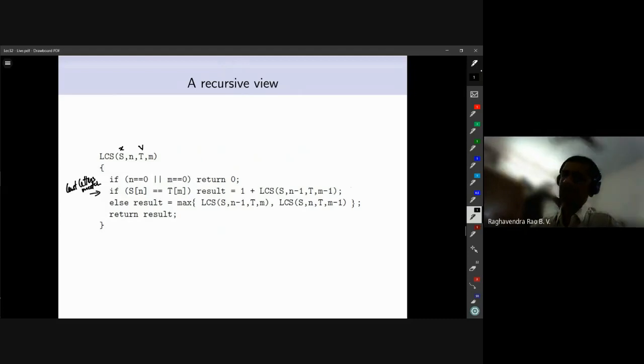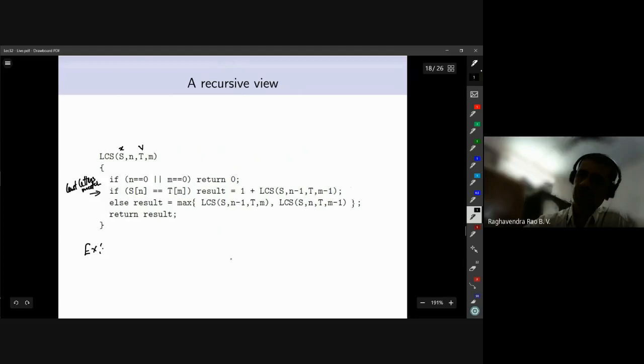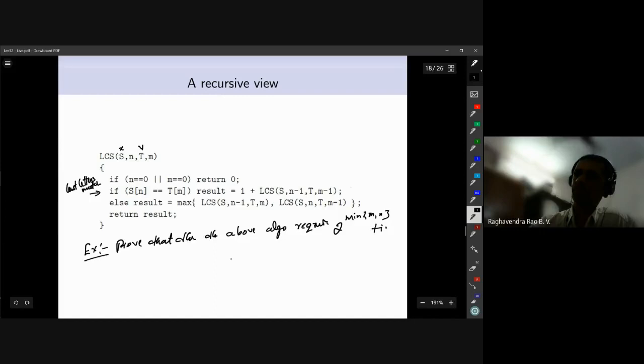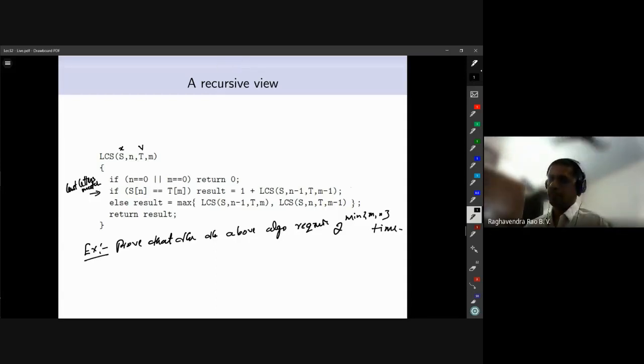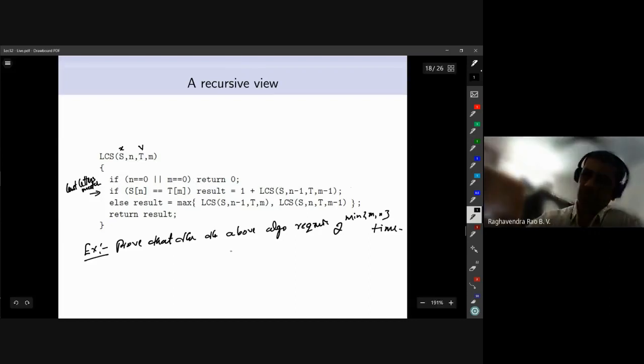So, exercises. Prove that the above algorithm requires 2 to the min of m comma n time in the worst case.